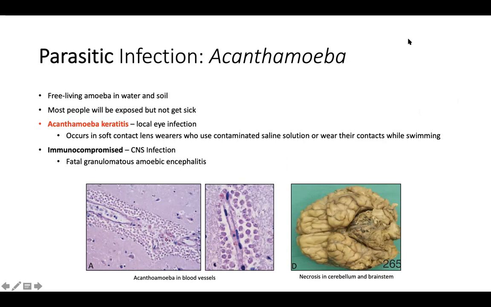And also can be in immunocompromised individuals and lead to granulomatous encephalitis. So here we are looking at this. We've got all of these cells right in here.